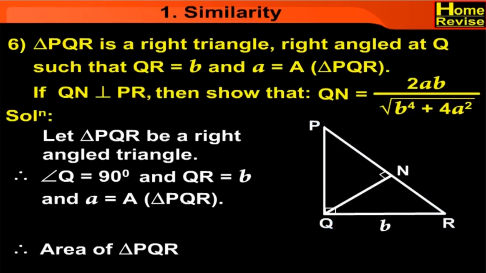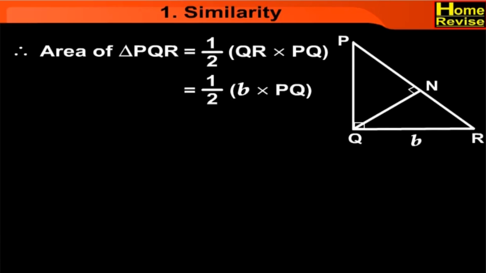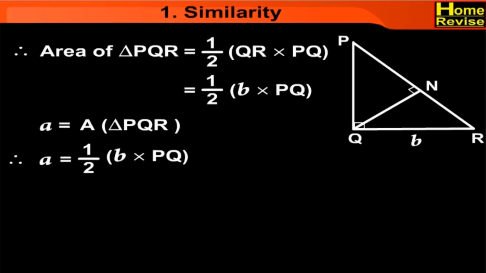Therefore, area of triangle PQR is equal to half into QR into PQ, which is half into b into PQ. Therefore, a is equal to half into b into PQ. Therefore, PQ is equal to 2a upon b. Let this be equation number 1.